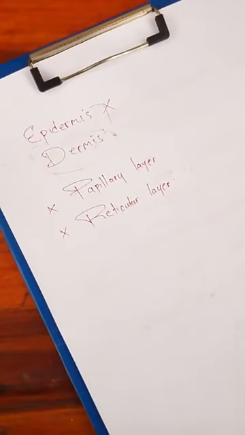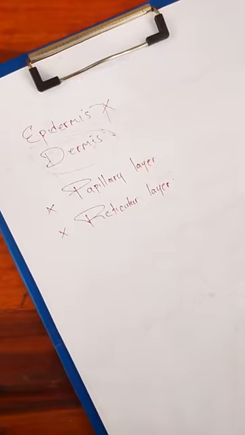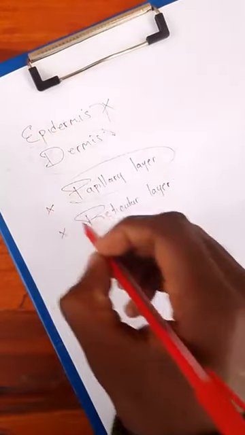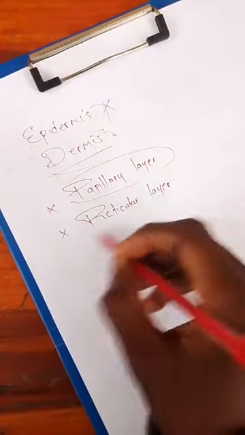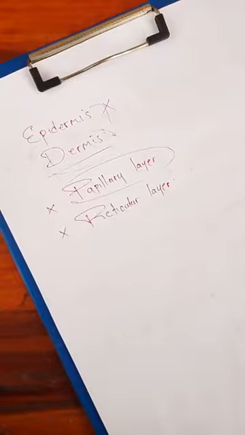The papillary layer is the superficial layer, meaning that it is on top, the first layer of the dermis, and then the reticular layer will follow. So it is superficial to the reticular layer, and the reticular layer is deep to the papillary layer.